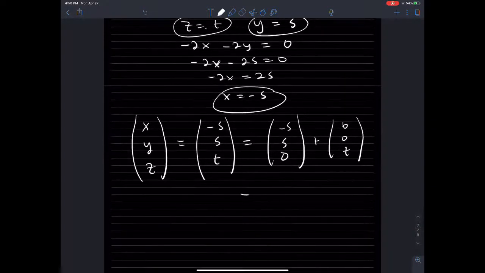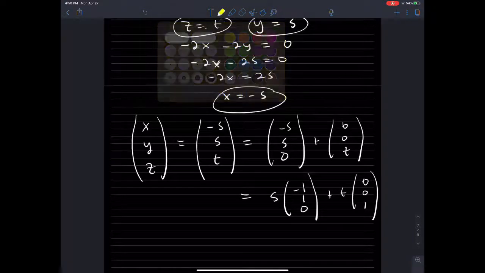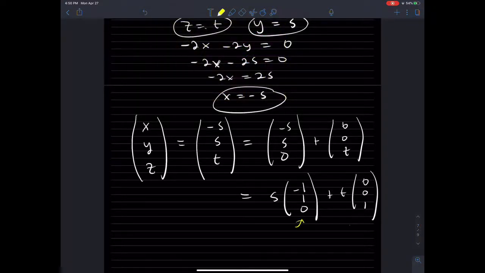Which is equal to, pull the s out, minus 1, 1, 0. Here I'll pull the t out, 0, 0, 1. And therefore, guess what? We got two eigenvectors from the one eigenvalue.